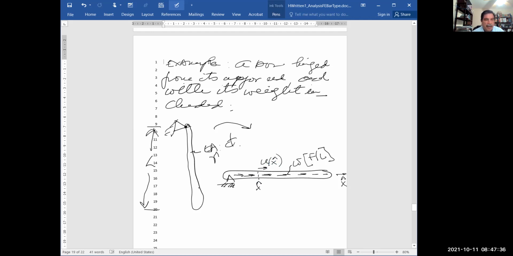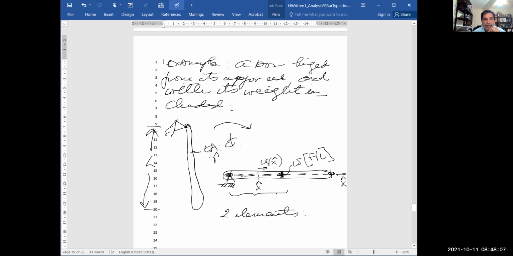Okay? Now, instead of doing one single analysis, why don't we do something better? Why don't we do two elements. And now I'm going to show you something interesting here. So let's use two elements for the discretization. Here we have joints 1, 2, and 3.